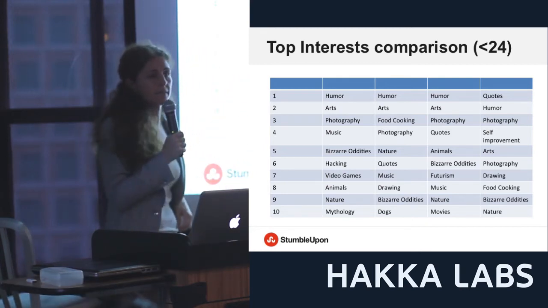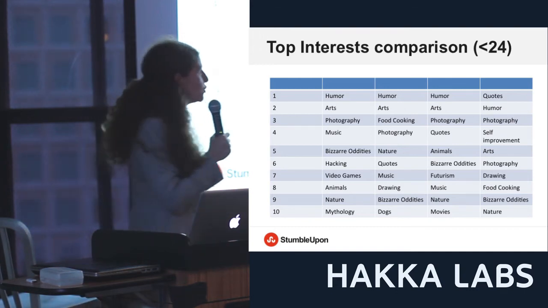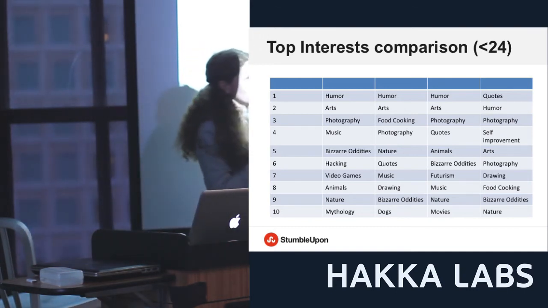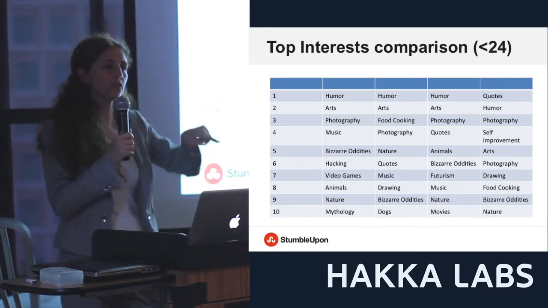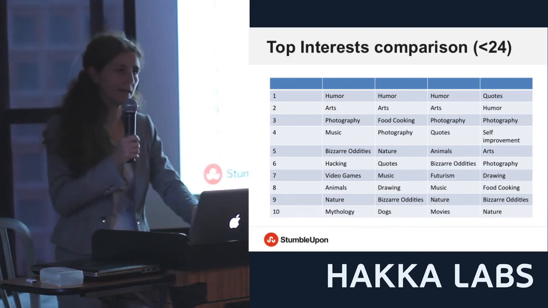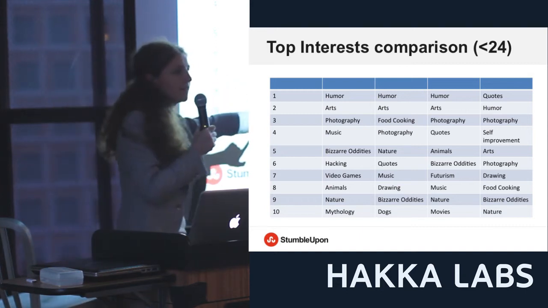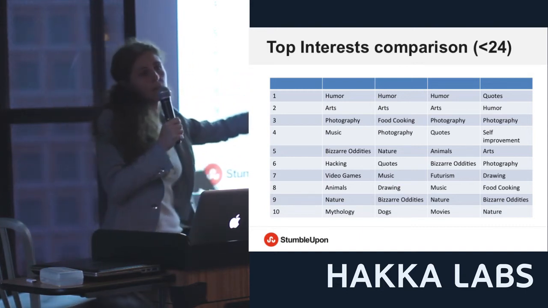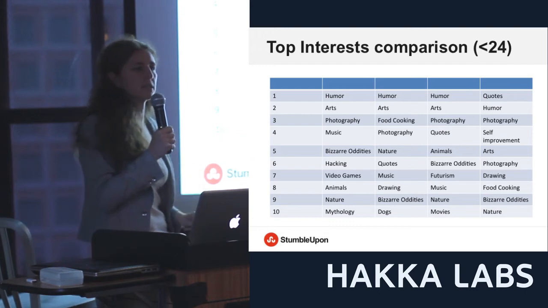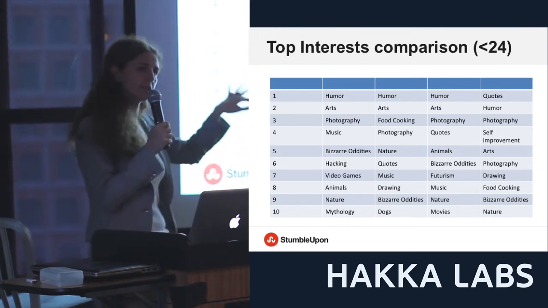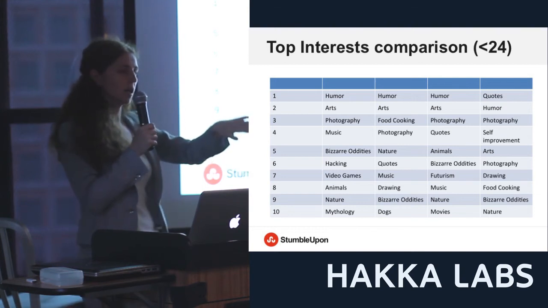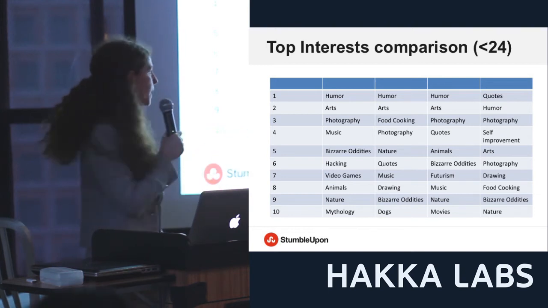None of these interests is here, because obviously you are not going to do your homework on a platform like this. So if you are a user that is signing in with a mobile device, your purpose is mostly entertainment. So this is a totally different experience. It's a totally different way of using StumbleUpon than not on mobile.